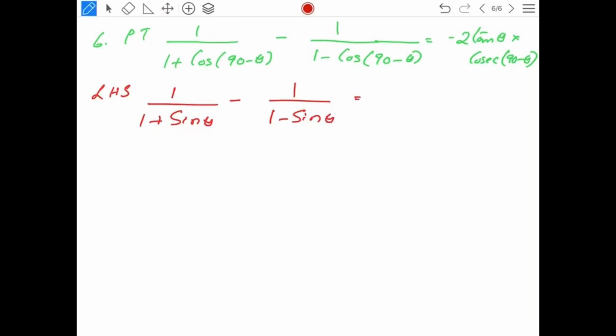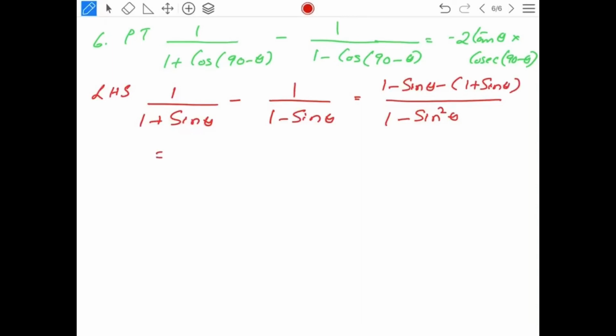So taking the LCM, we'll get 1 minus sin squared theta. 1 plus sin theta into 1 minus sin theta becomes 1 minus sin squared theta. Your numerator will be 1 minus sin theta minus of 1 plus sin theta.